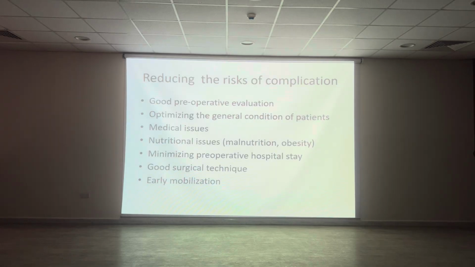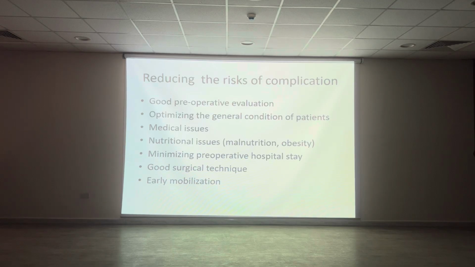The best way to manage complications is to prevent them. Prevention usually starts from the preoperative assessment. You have to have a good preoperative evaluation, starting with a detailed history and physical examination, identifying any comorbidities, optimizing them, and managing any medical issues that would raise the risk of deviation from a normal pathway.